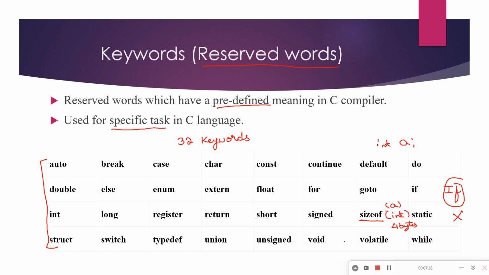Is it clear? It makes use of only lowercase letters, so all keywords should be written in lowercase letters. This is what you need to keep in mind. And one more thing is that the user cannot change the meaning of these keywords. Is it clear? I hope it is clear.